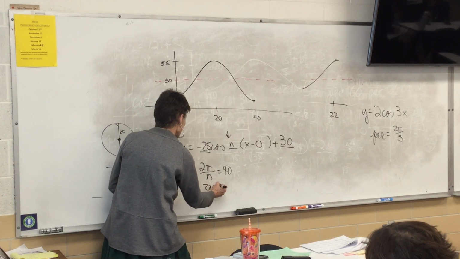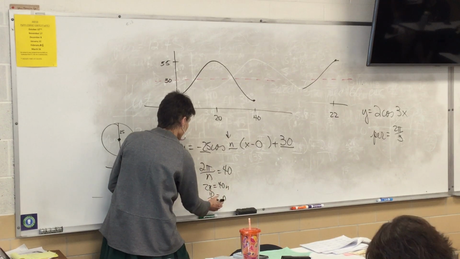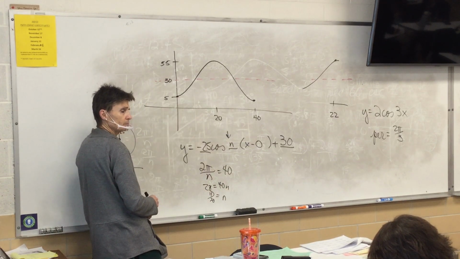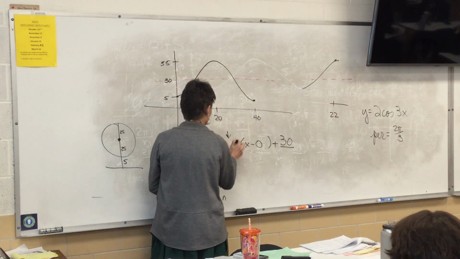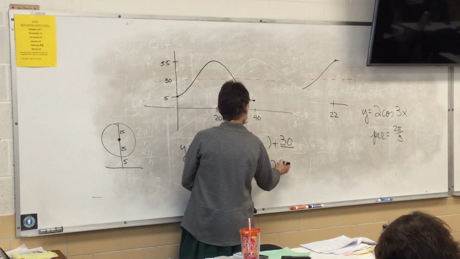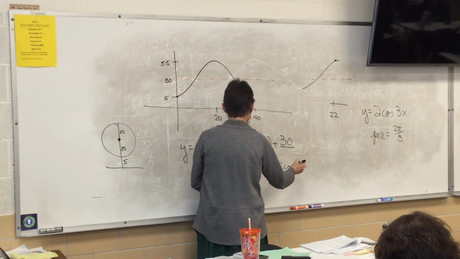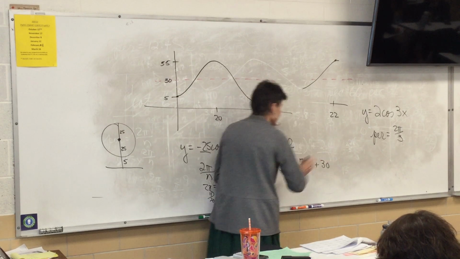So it looks like that number is pi over 20. Is that what you got? So my equation is negative 25 cosine pi over 20x plus 30.